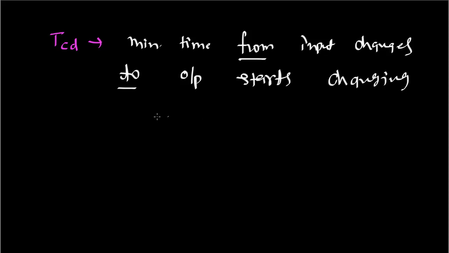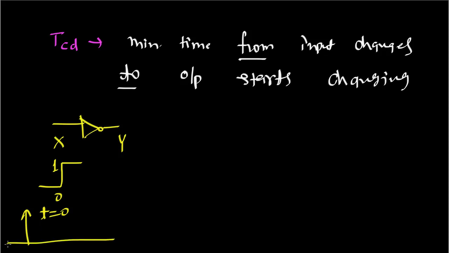Now we also noticed the point that, so let us take the earlier example of a NOT gate. Let us say input is X and the output is Y. So we said if you are giving input, let's say from 0 to 1 at t is equal to 0, the output Y will not change immediately and it will take some amount of time.